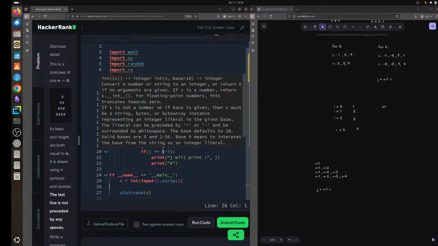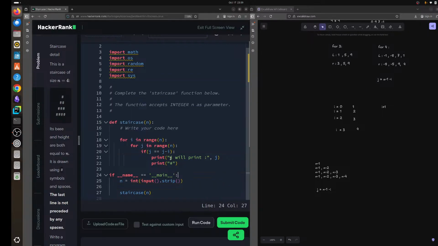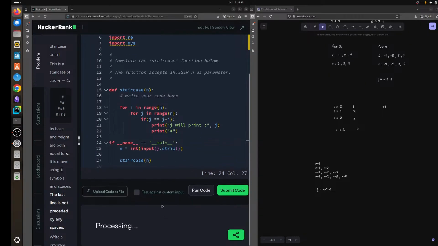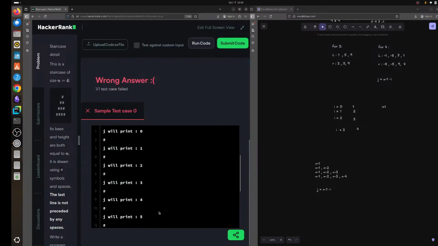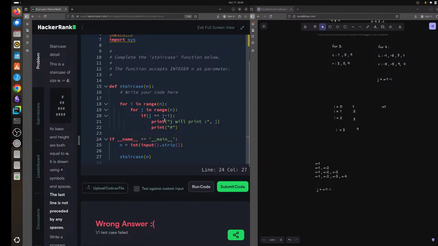So when j equals 5, right? Sorry, 5 minus i, print. Now this code. No, sorry, not j minus i.